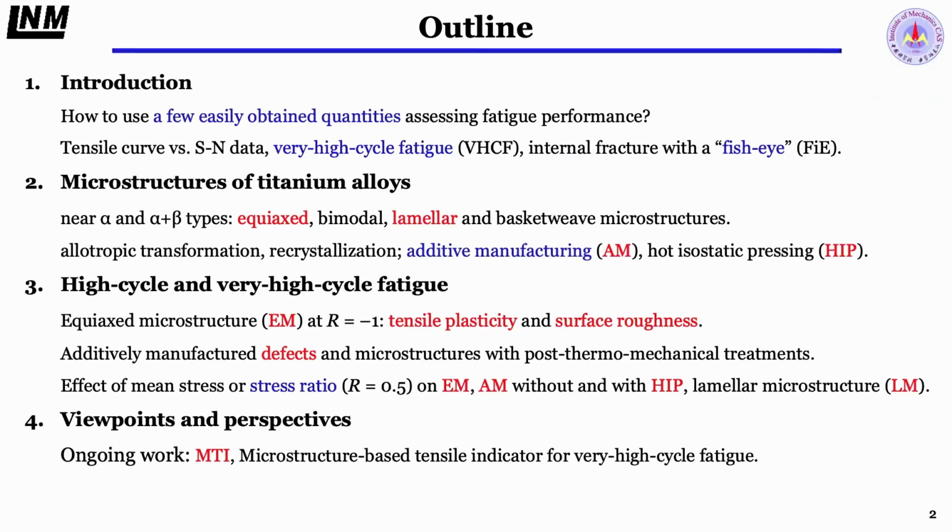This is the outline and introduction: how to use a few easily obtained quantities to assess the fatigue performance. The second part is the basic information about titanium alloy, the third is the result of high cycle and very high cycle fatigue, and the last is the viewpoint.